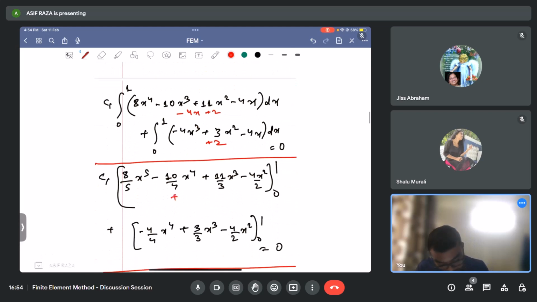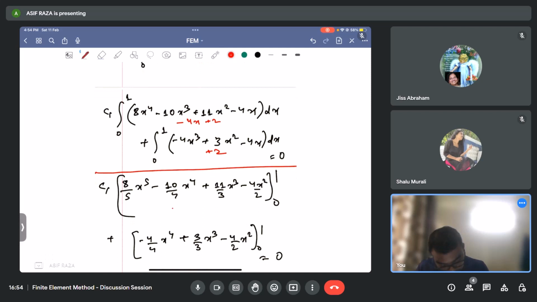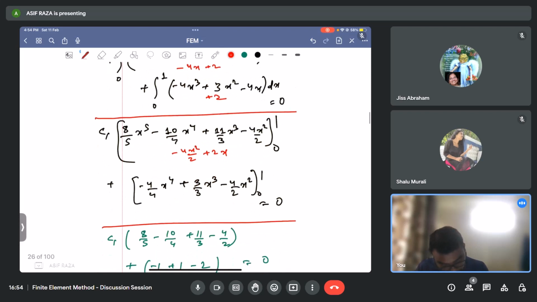So with that we'll have an addition of minus 4x square by 2 plus 2x, and here we'll have an addition of plus 2.